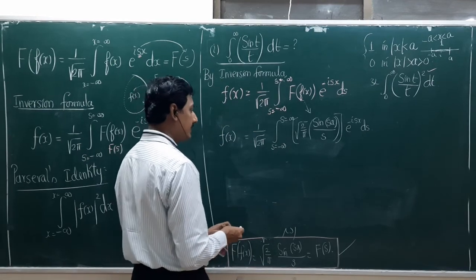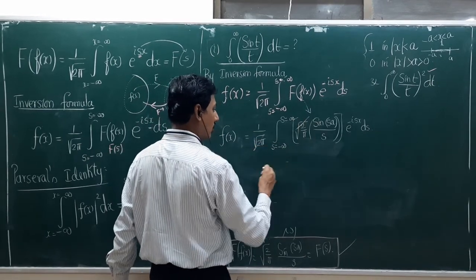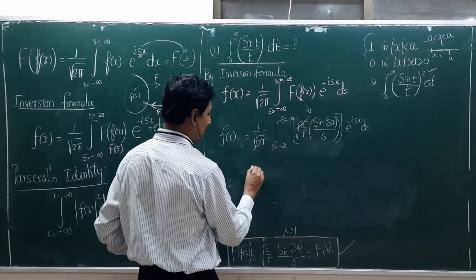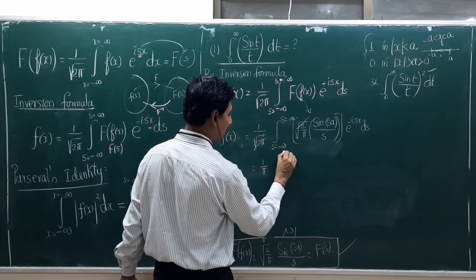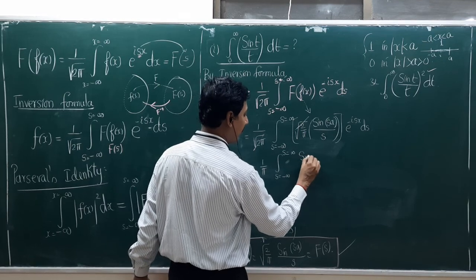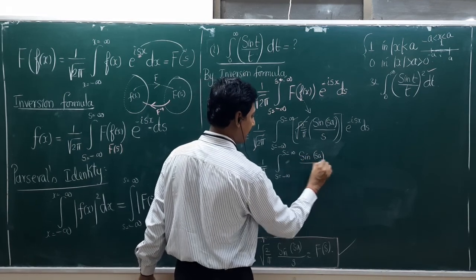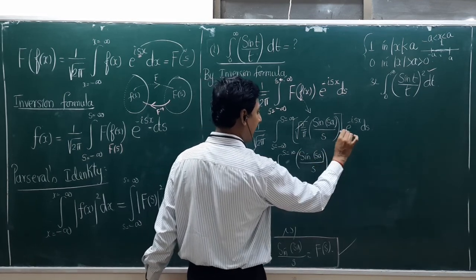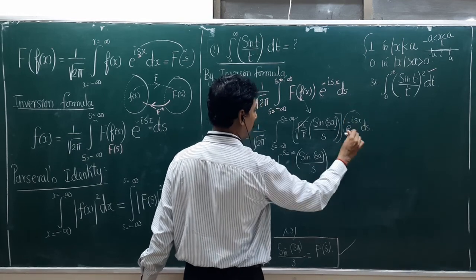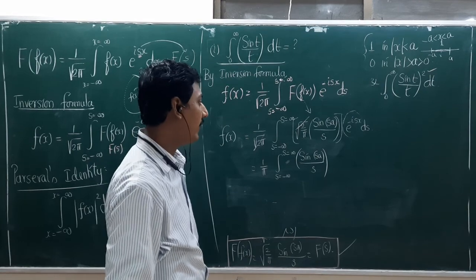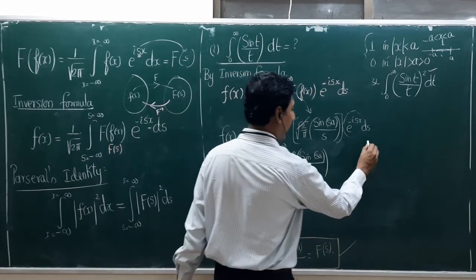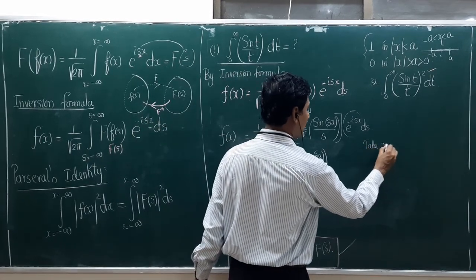Before going to that, can I simplify this? Root 2 will cancel, root pi is pi, so it is 1 by pi, integral s equal to minus infinity to s equal to plus infinity, sin of sa by s. I don't want this exponential term, because there is no exponential term present in the requirement. So can I substitute x equal to 0?